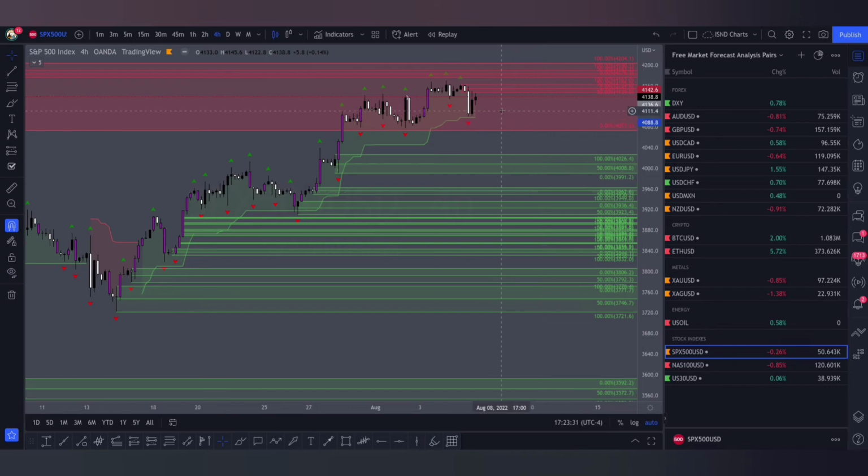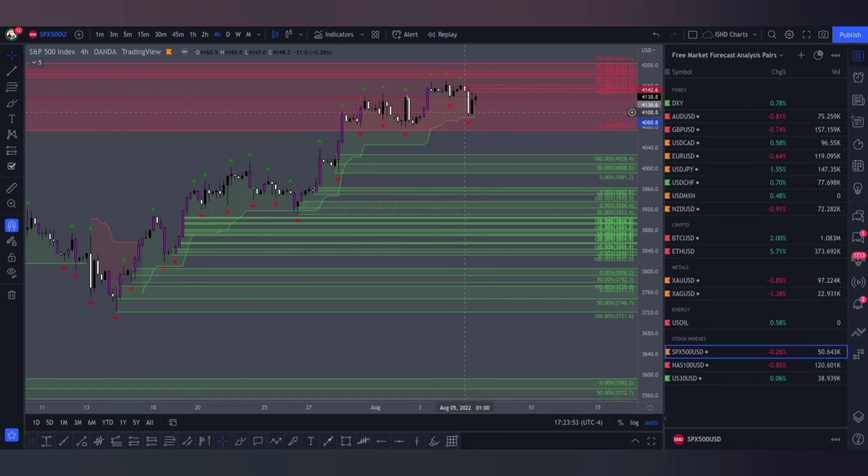Now we are sitting within an institutional distribution zone, so that gives me further confidence that this pair would push further to the downside, even though the currency bias is consolidation.